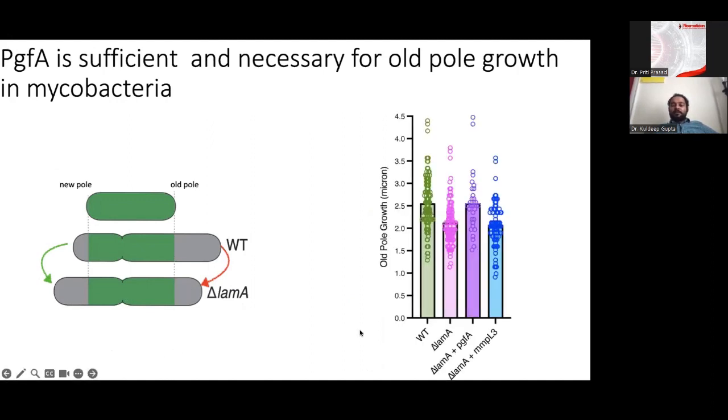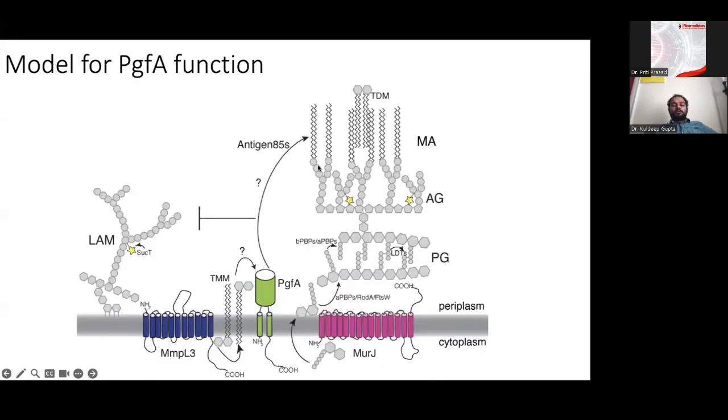And when in the llama knockout background we overexpress PGFA, we can see the restoration of polar growth. But when we overexpress MMPL3, that is not the case. This shows that polar growth in llama knockout is restored by PGFA, and PGFA is sufficient and necessary for polar growth in mycobacteria.